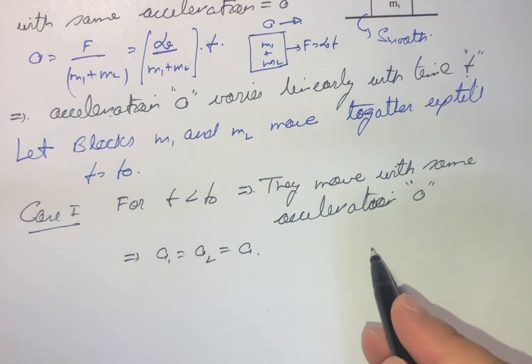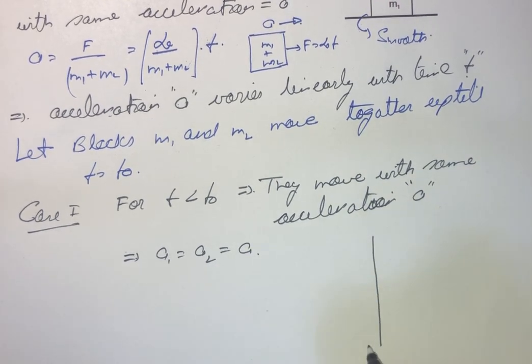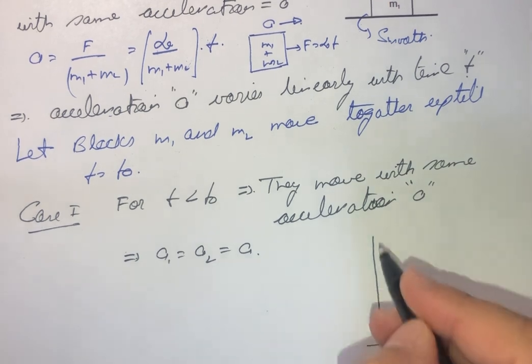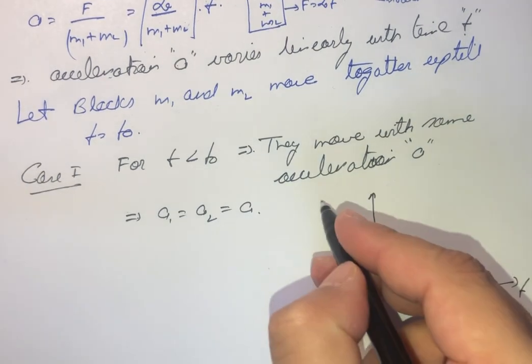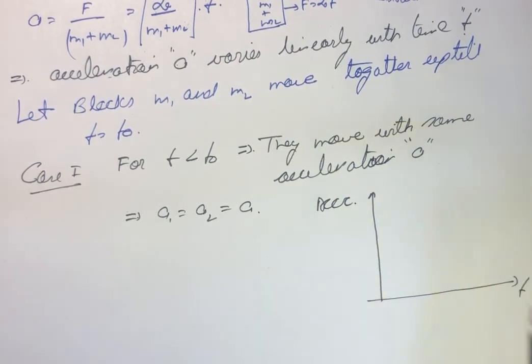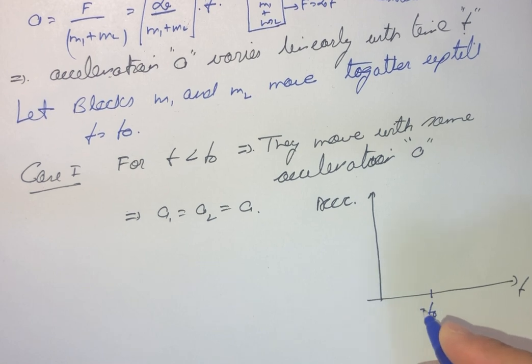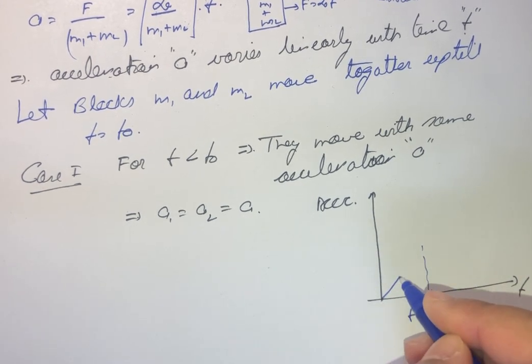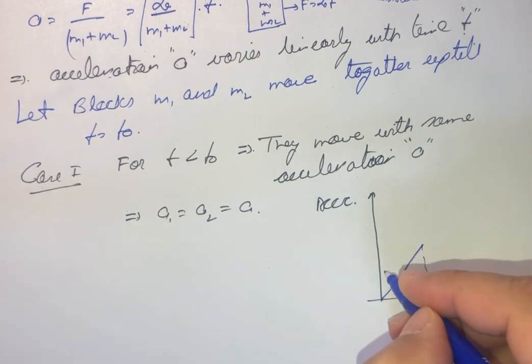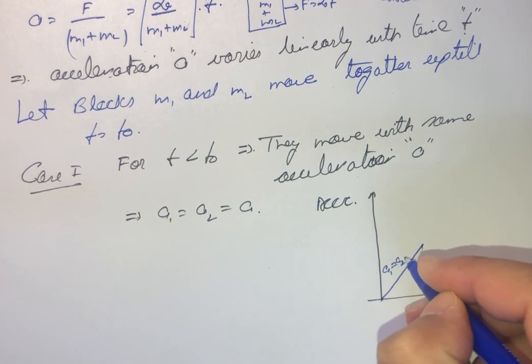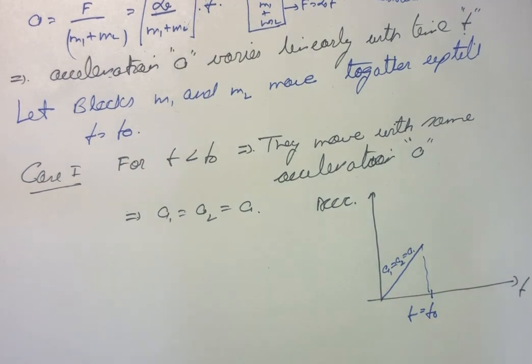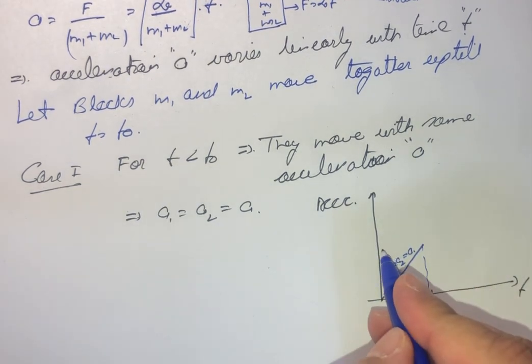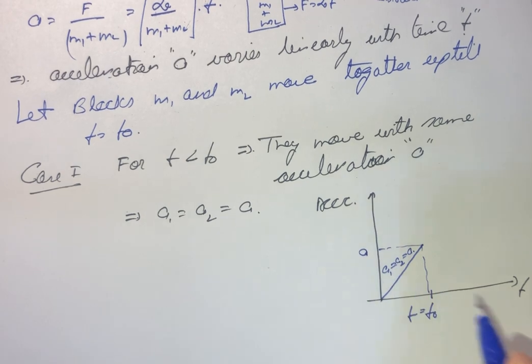So we can draw the graph partially. This is time and this is the acceleration. Let us mark the point t is equal to t naught. Up till this point they have the same acceleration, that is a1 is equal to a2 is equal to a, and this is the value of a.